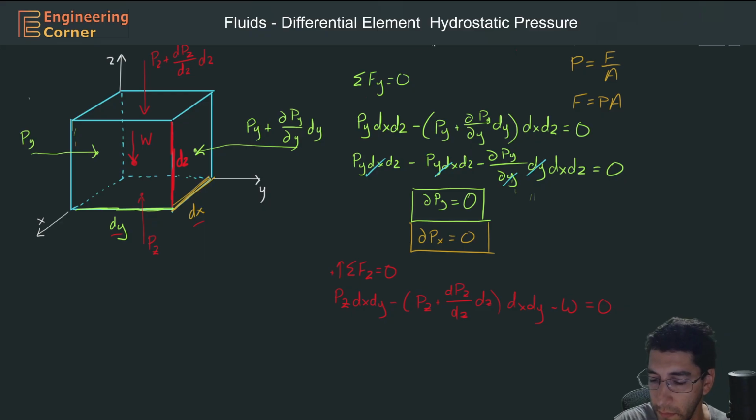Now, what is my w term? Well, w is going to be equal to density times gravity times whatever my volume is. So my volume of this differential is going to be dx dy dz. So that's what my weight's going to be equal to. Alternatively, that could be my specific weight times dx dy dz.